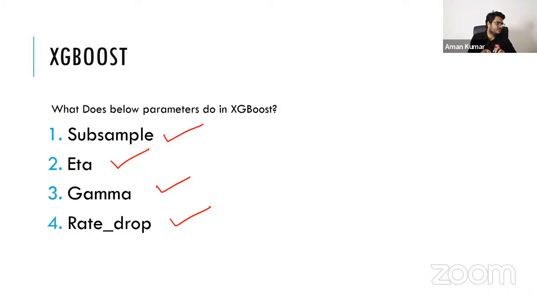You can tell one by one also, not a problem. Like what is eta, what is gamma in XGBoost?